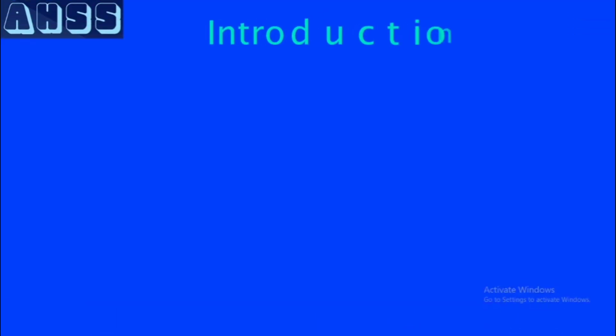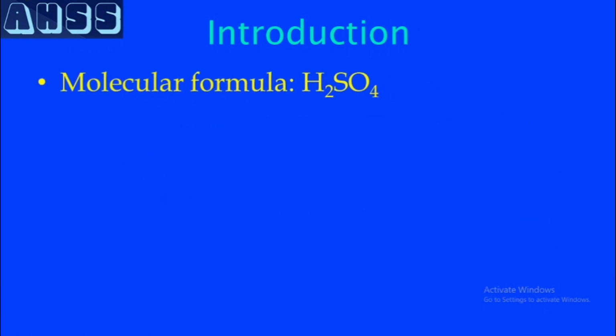So sulfuric acid, the molecular formula of sulfuric acid is H2SO4. That means one molecule of sulfuric acid contains two hydrogen atoms, one sulfur atom and four oxygen atoms.